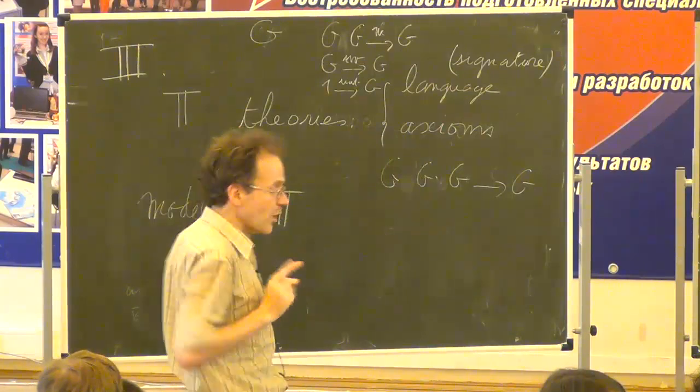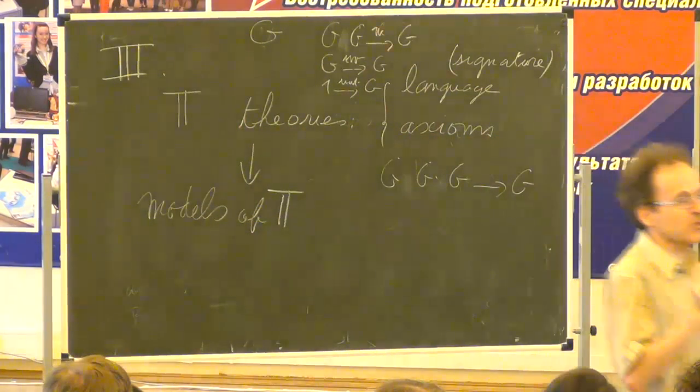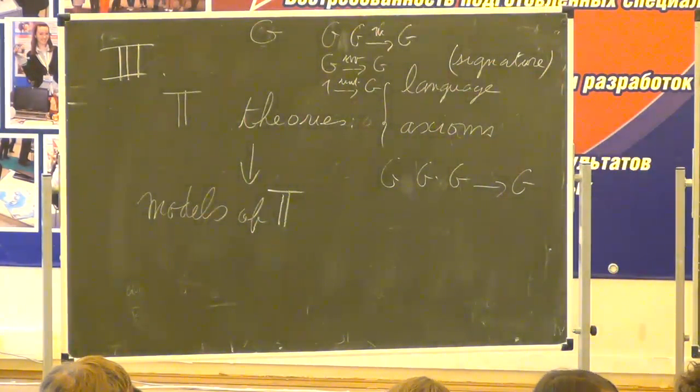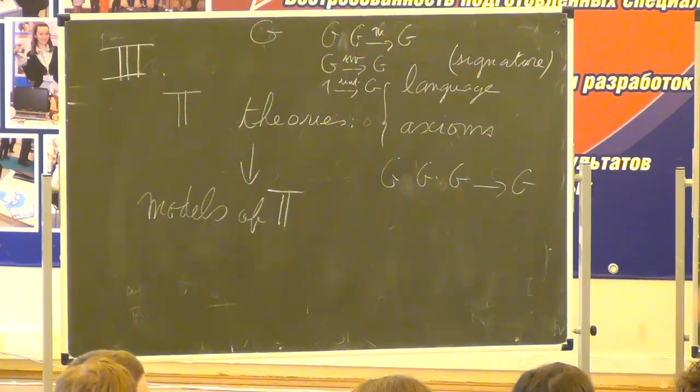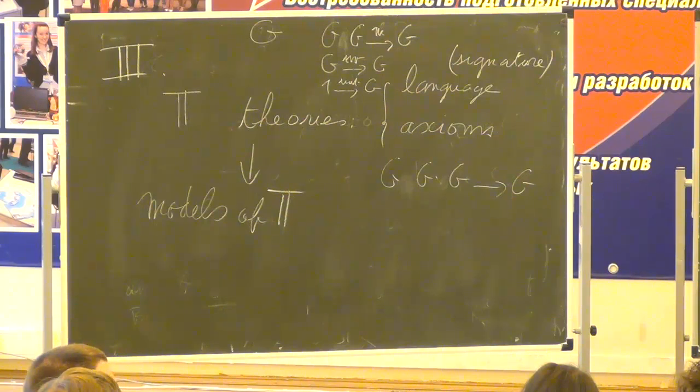So this means that when I have words, using these words, I can form sentences. In the context of logic, these sentences are not called sentences, they are called formulas. And the axioms consist in saying that some formulas should be true.